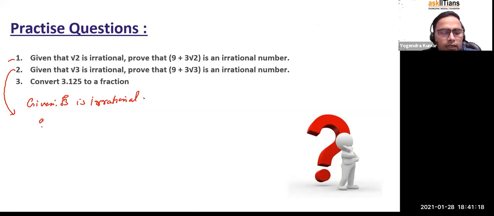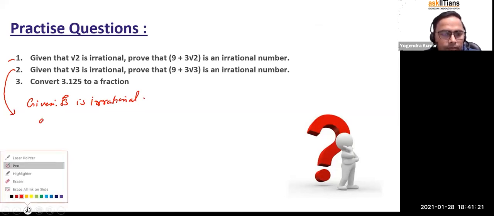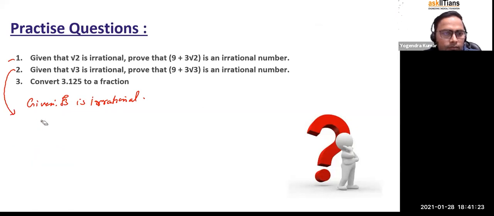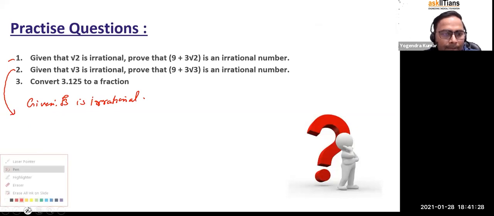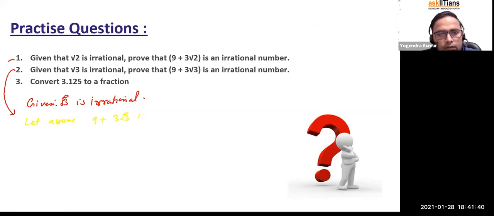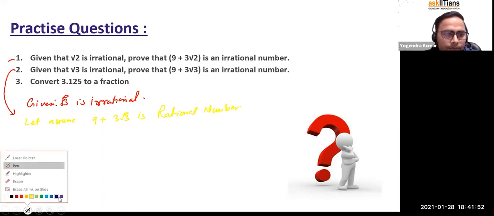So we'll write, let's assume 9 plus 3 root 3 is a rational number, right? I can assume it to be a rational number.